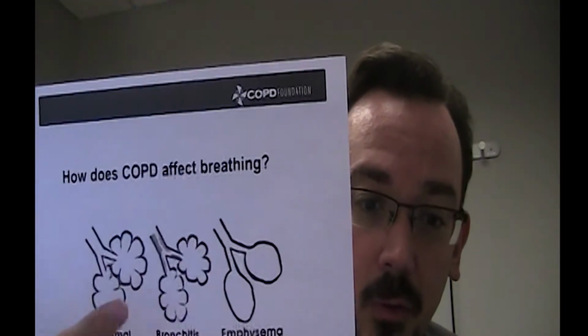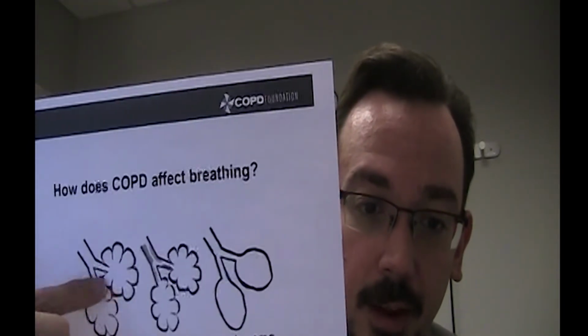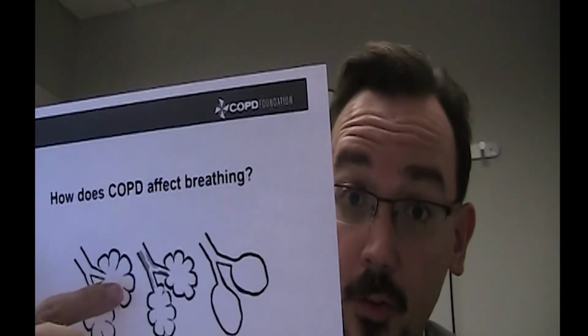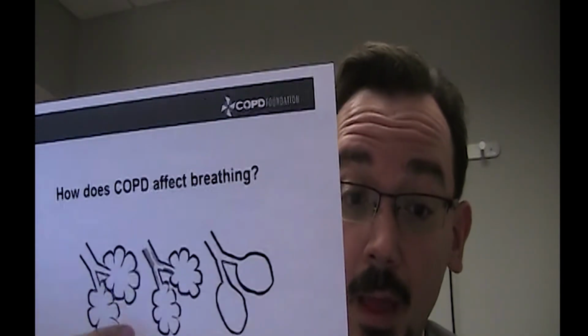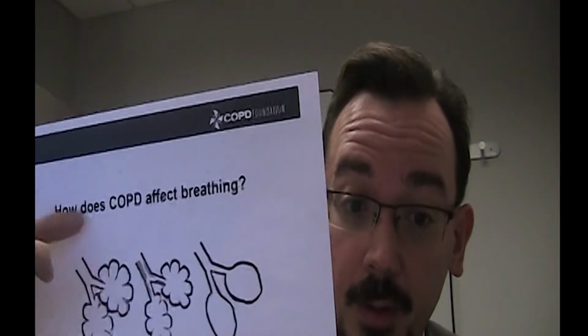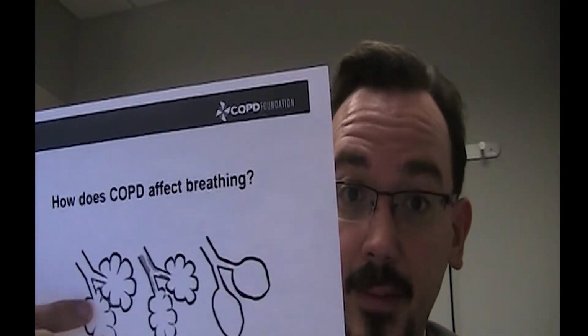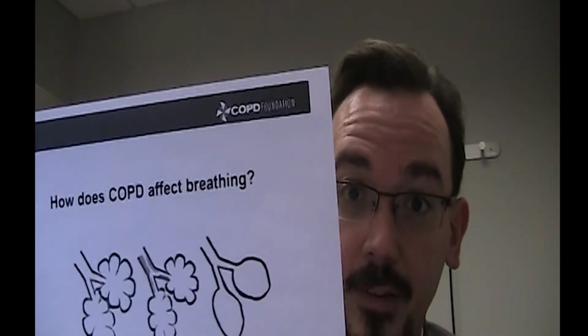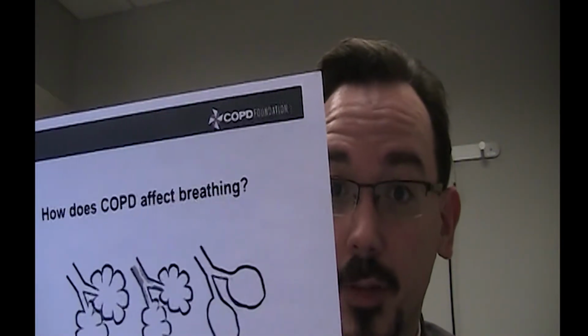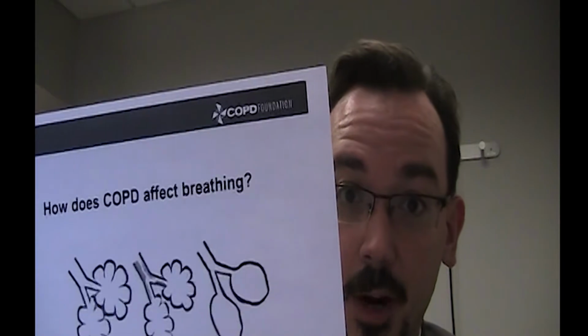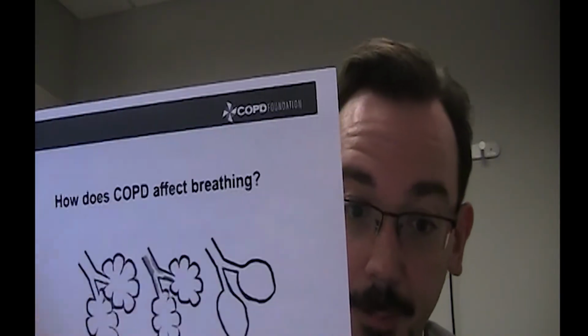We see in normal lungs over here, you have these little air sacs that kind of look like bunches of grapes, and those are called your alveoli. And what happens is that the air comes in, you breathe the air in, it goes down into your airways, and this is where the gas exchange takes place. The good air, the oxygen goes in and distributes out into the bloodstream, and then you exhale carbon dioxide, that all comes back out of there.